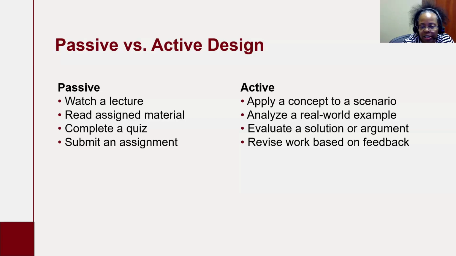The difference isn't the presence of activity, it's the level of engagement with ideas. Active design requires students to work with content, to interpret, compare, critique, or refine. And that level of engagement has to be structured. That's why designing strong active learning activities takes being intentional.